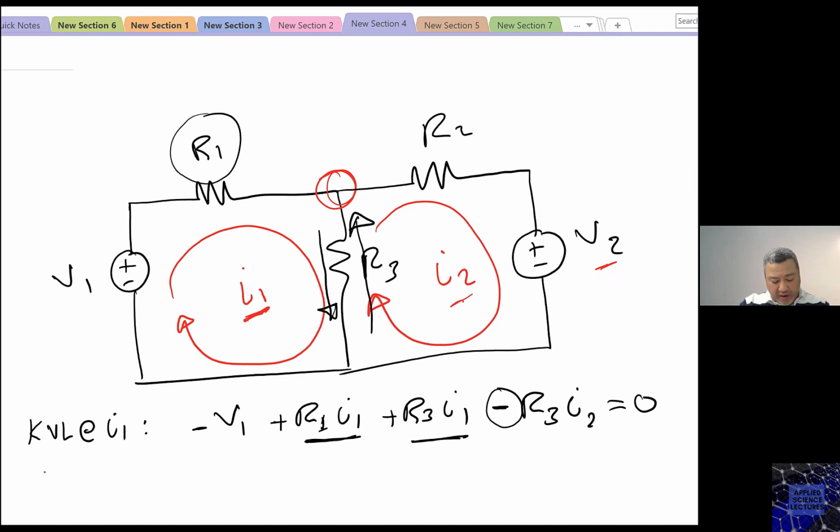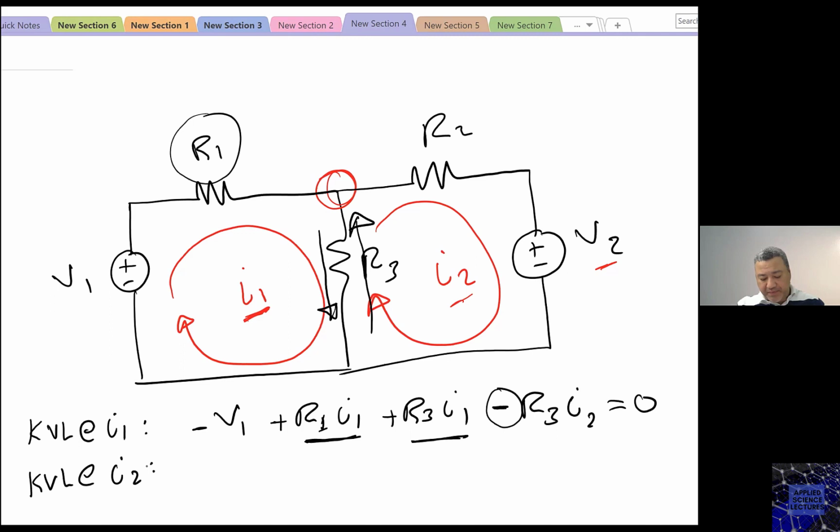Now, if I want to write the mesh equation for mesh number two, I take the KVL at I2. Now, notice what's going to happen. I will be writing the mesh equation for I2, which means that the direction of I2 now is my positive reference.